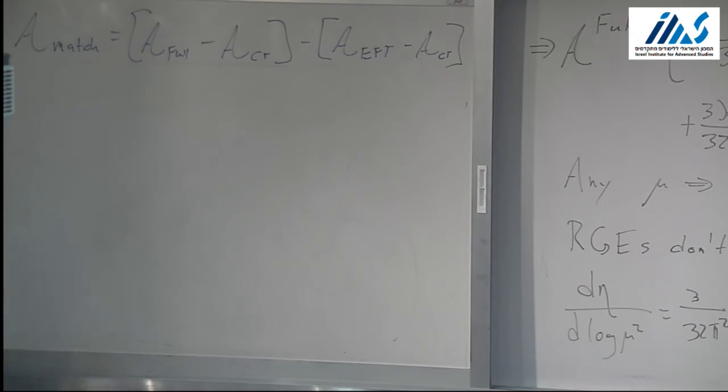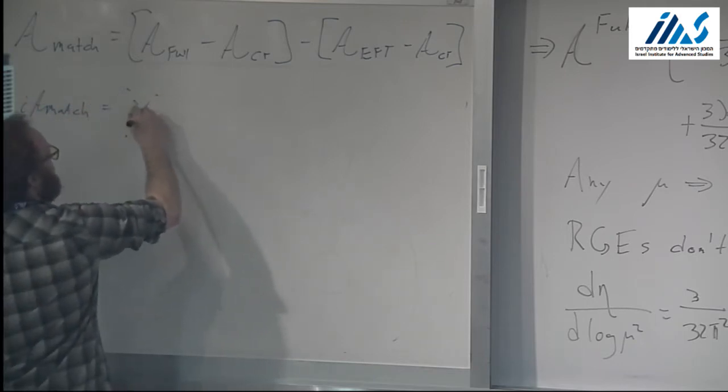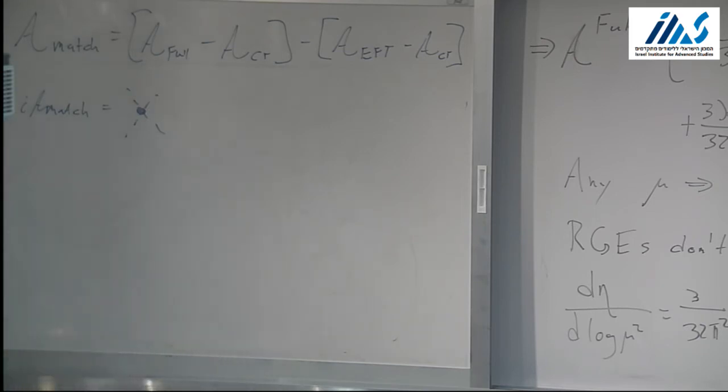Good, so let me write this now in Feynman diagram language. I'm going to call this mismatch between the full theory and the effective theory some vertex with a dot, okay?